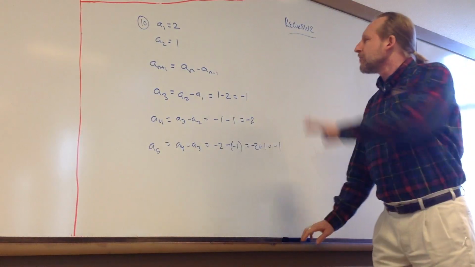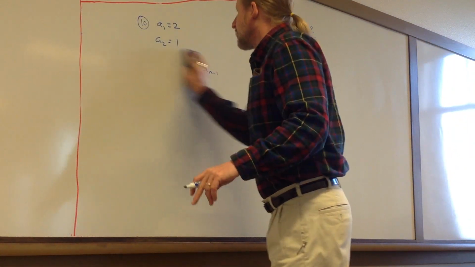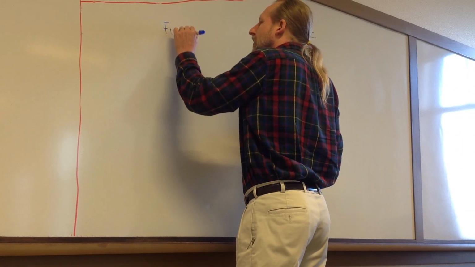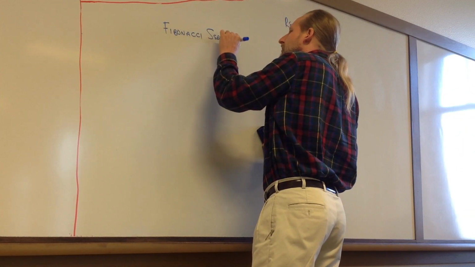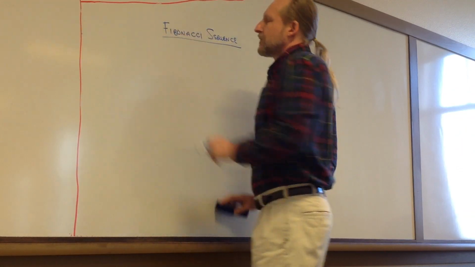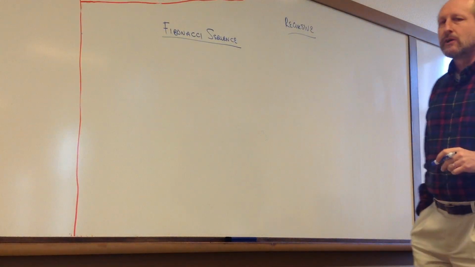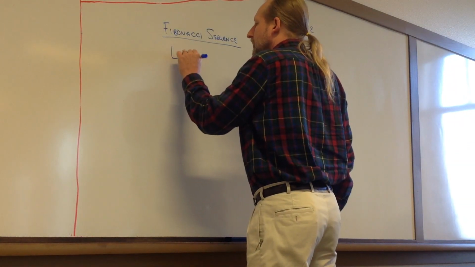There's a famous, probably the most famous recursive sequence is what's known as the Fibonacci sequence. This comes from the Italian mathematician Fibonacci, who wrote a book in 1202 called Liber Abaci that was all about calculating.